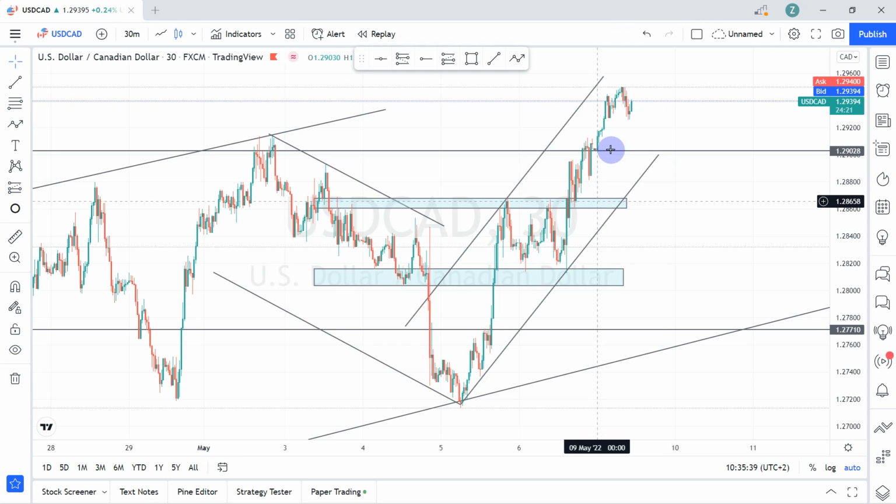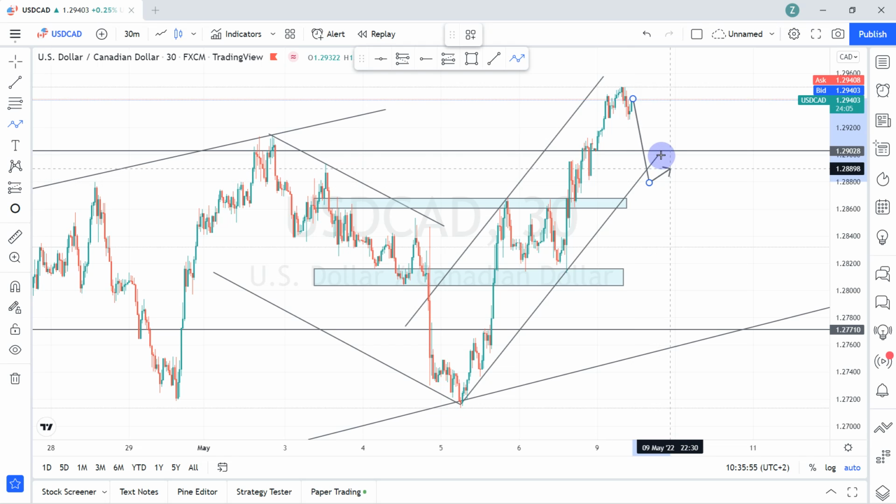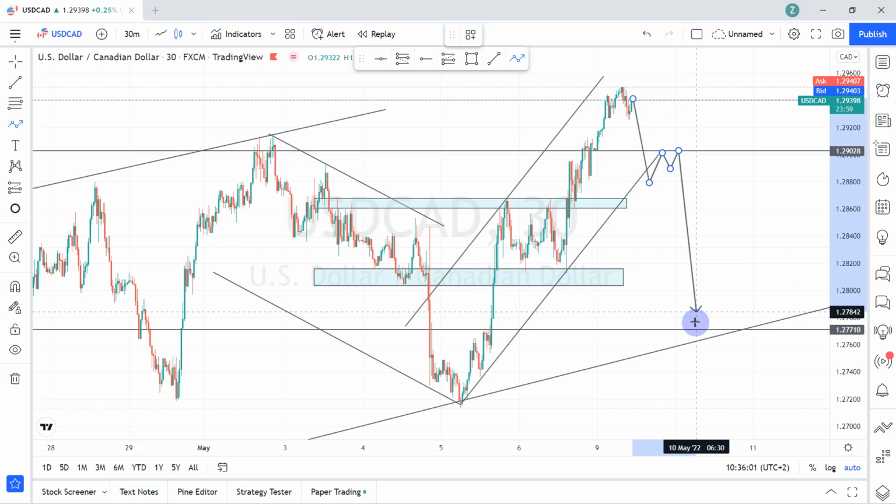I would not go for the trade because it doesn't satisfy me based on the risk to reward ratio. So if the market then decides to break out of our trend line, retest, and give us a double top, that's where we would cater for sales.